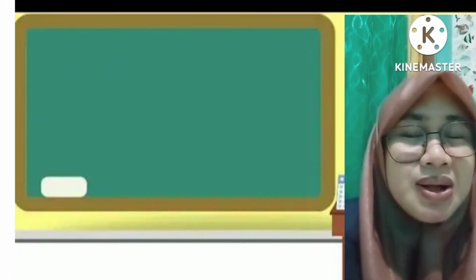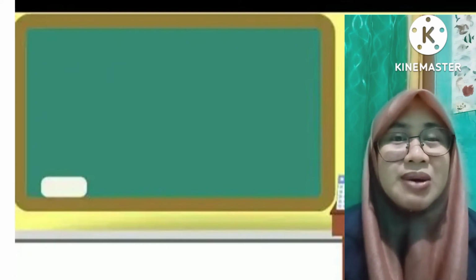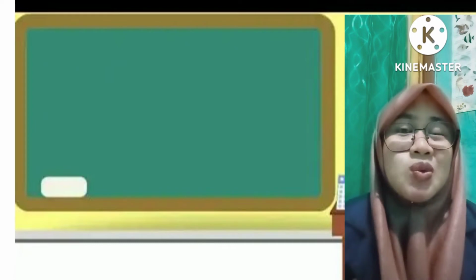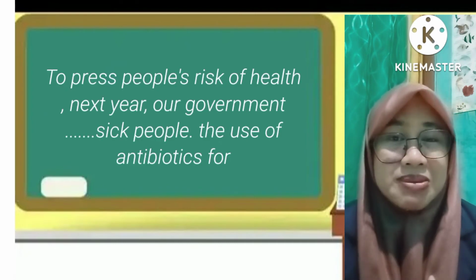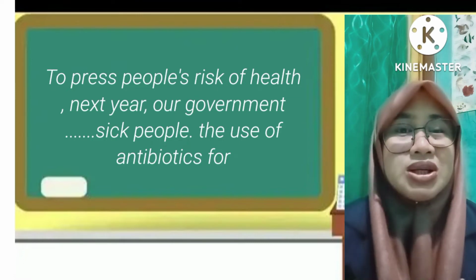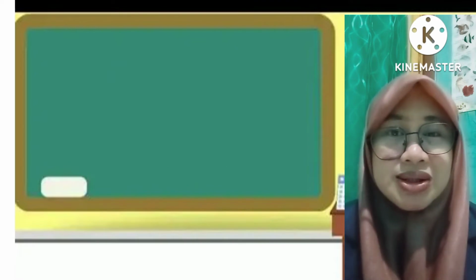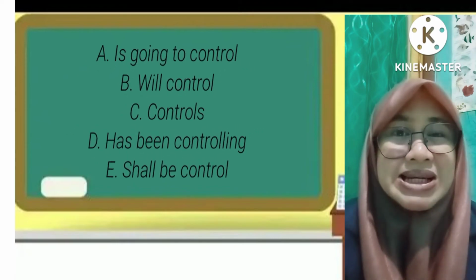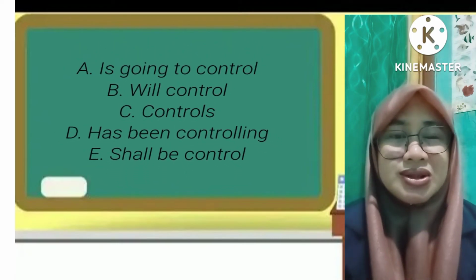The example of simple future tense. Question for number 1. To protect people's rights of health next year, our government, blah blah blah, sick people. The use of antibiotic for A is going to control, B will control, C control, D has been controlling, and E shall be controlled.